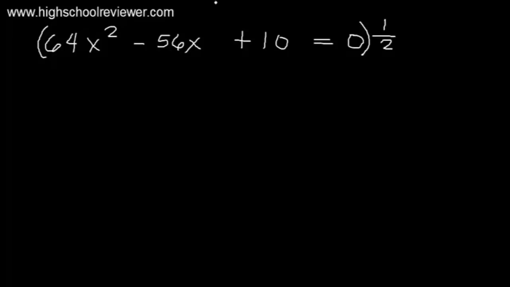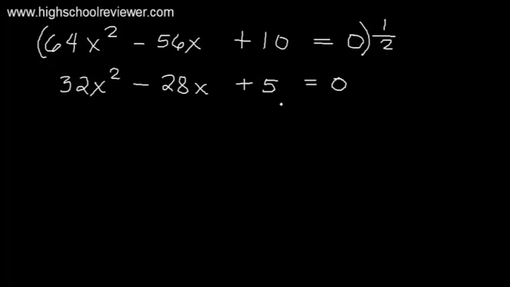So 64x squared divided by 2 will give us positive 32x squared, and negative 56x divided by 2 will give us negative 28x, and then positive 10 divided by 2 will give us positive 5 equals 0.